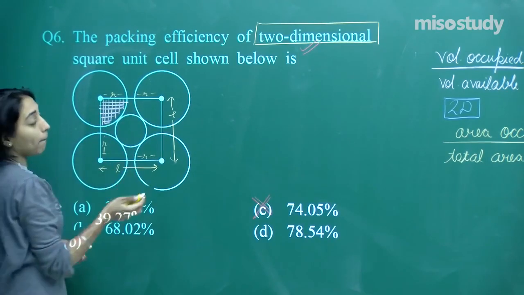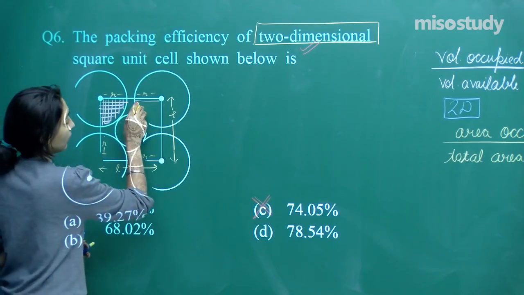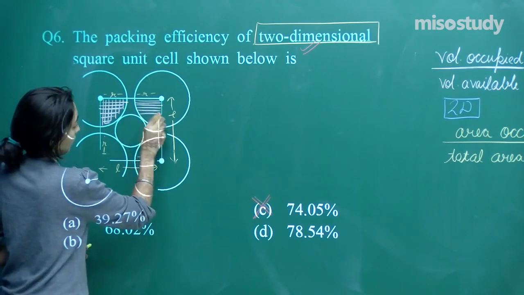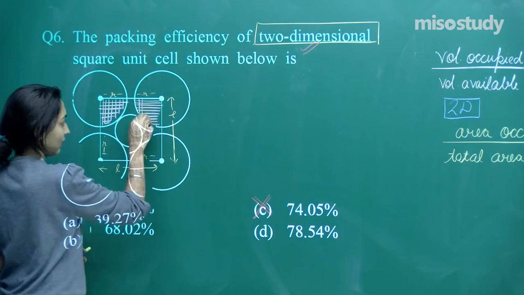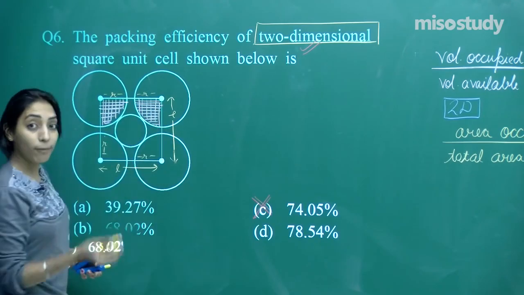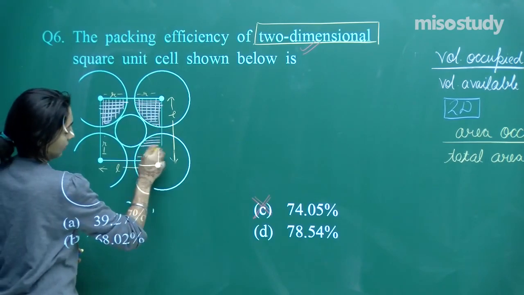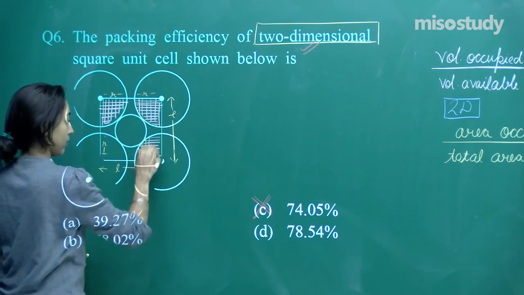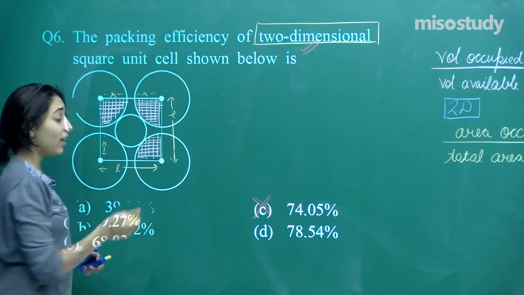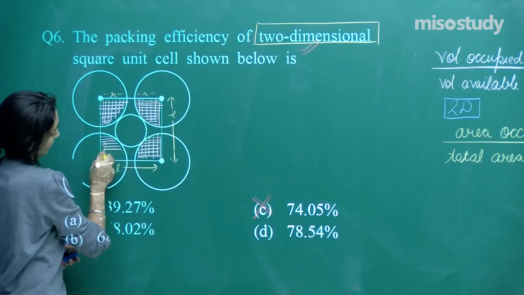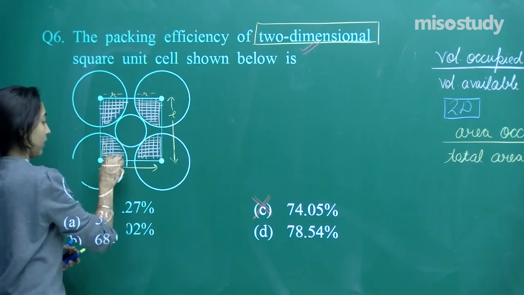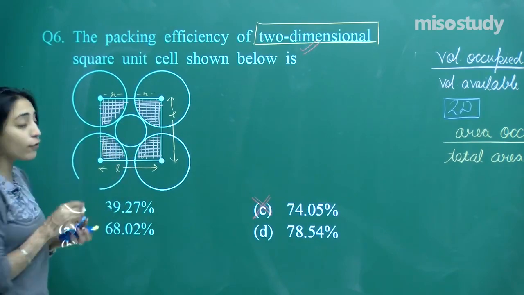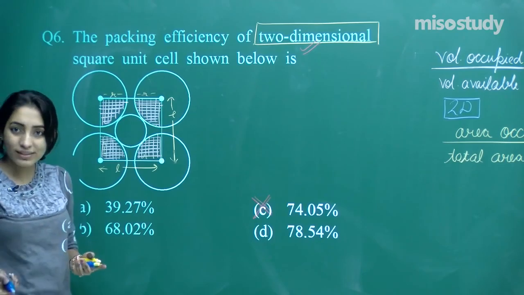this plus this plus these plus this. That means if you club all the 4 areas, it is nothing but giving you a circle, right?